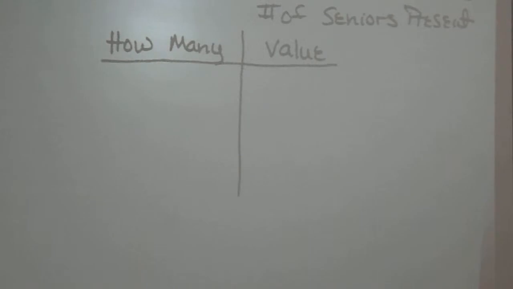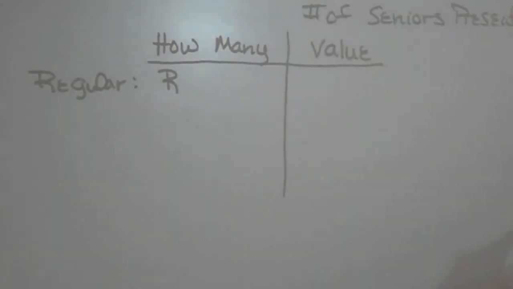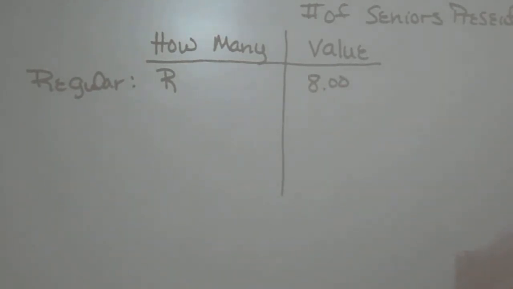The first thing we'll do is put in our how many column R for the number of regular price tickets. The value of a regular price ticket is $8.